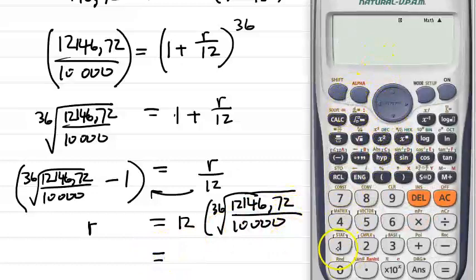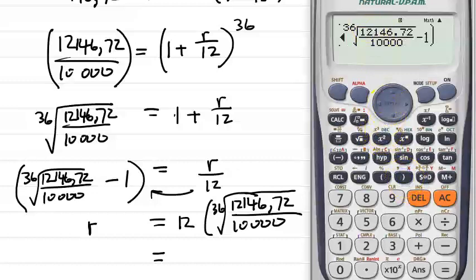So let's put this in the calculator and let's see what we have. So we're going to say 12 into the 36th root of 12,146 Rand and 72 cents all over 10,000, minus 1.